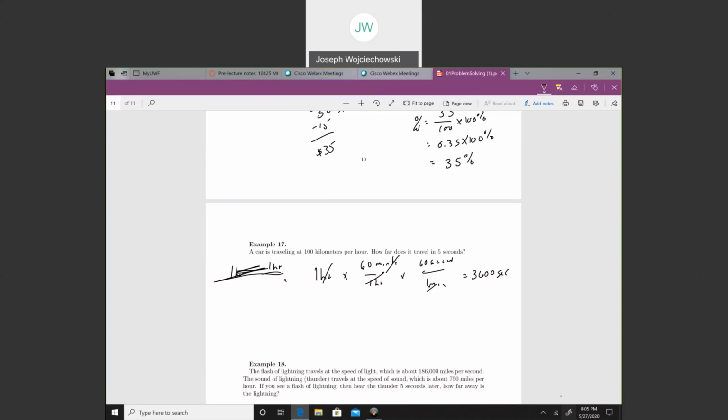Well, 100 kilometers is equal to 100,000 meters, kilo meaning 1,000. So now we simply take our meters, 100,000, divide it by our seconds, and then multiply it by the number of seconds.